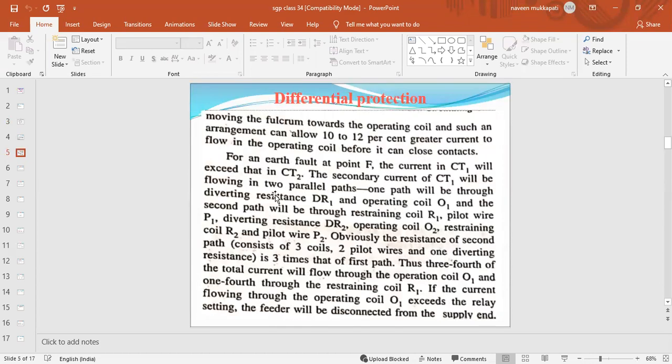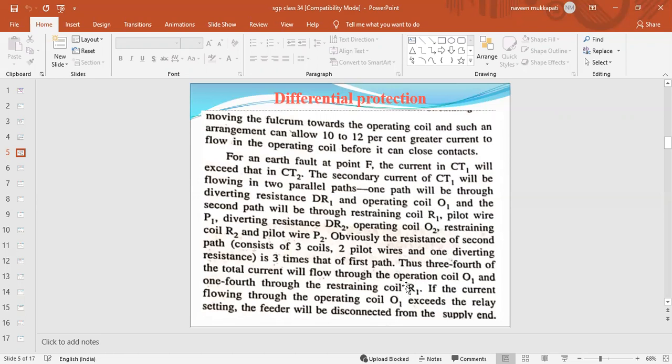One path will be through the diverting resistance DR1 and operating coil O1, and the second path will be through the coil R2, the pilot wire P1, diverting resistance DR2, operating coil O2, the restraining coil R2 and the pilot wire P2. Obviously, the resistance of the second path, consisting of three coils, two pilot wires and one diverting resistance, is higher. Therefore, some diverting current will be flowing through this operating coil.